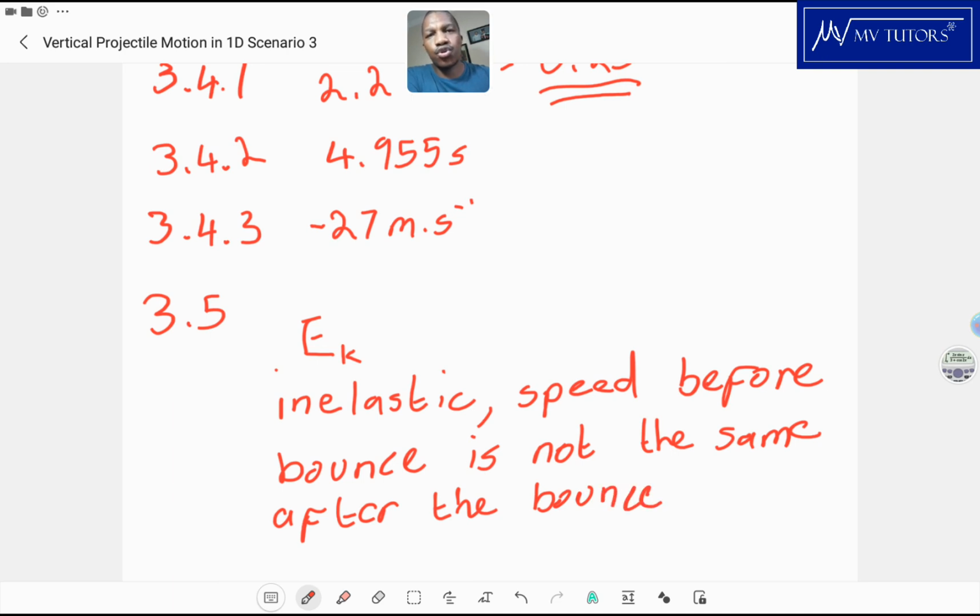So during the bounce, the ball actually loses kinetic energy to the ground.